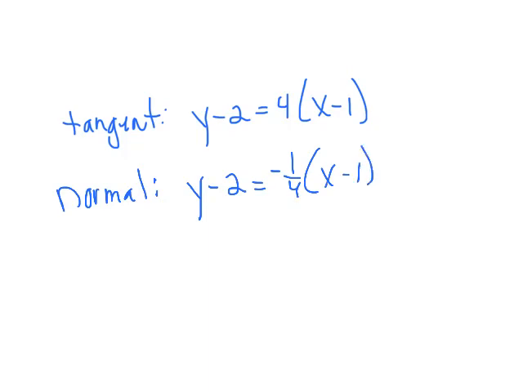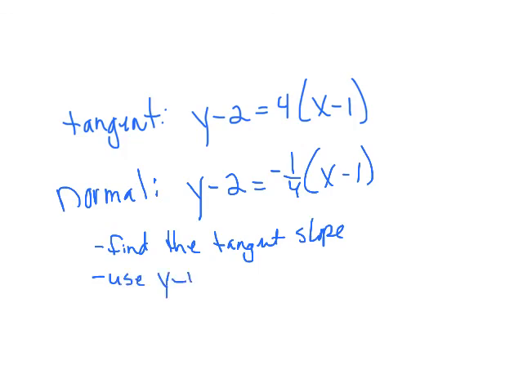So that's what we're going to be doing in class, only some more complicated functions as opposed to this one. The steps basically are find the tangent slope, and then you use y minus y1 is equal to m times x minus x1 for the line equation.